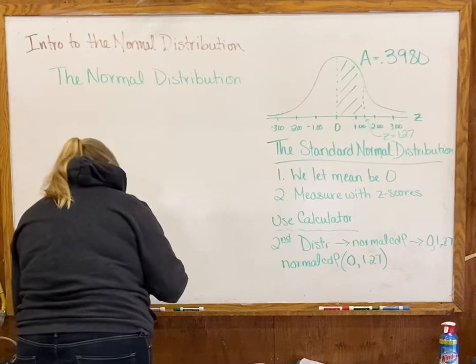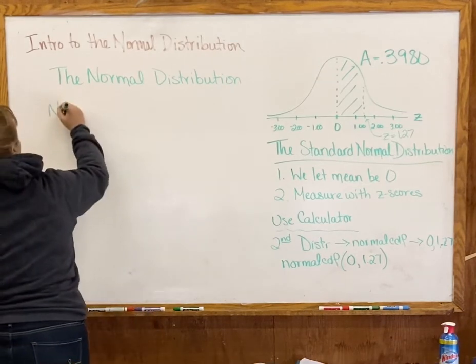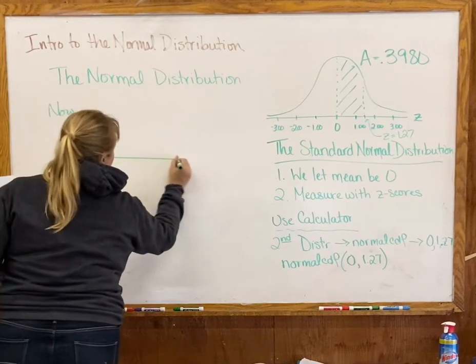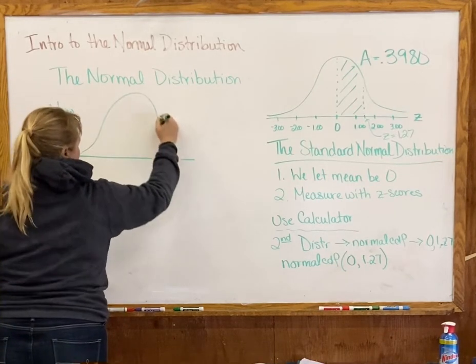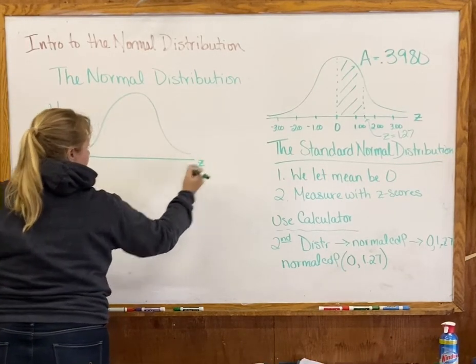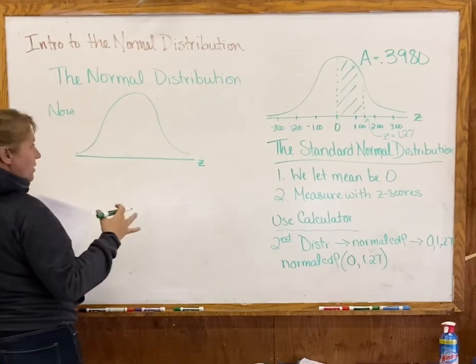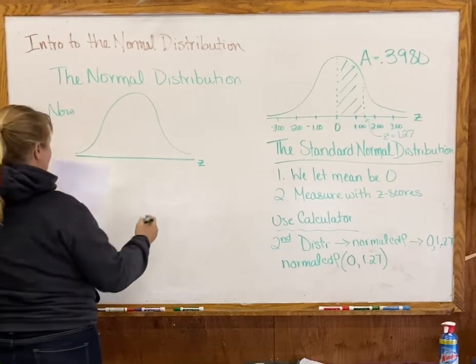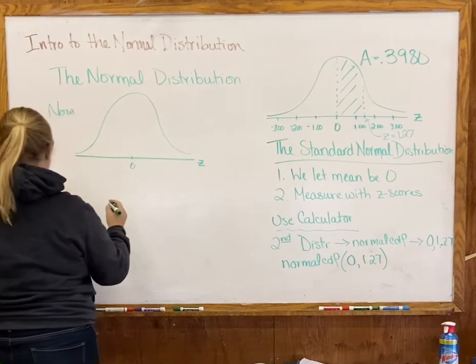So this time I'm going to give you the graph that looks like this. Remember that this is a z-score. We're not dealing with the regular number line. We're dealing with the z-score number line. 0 will be in the middle.